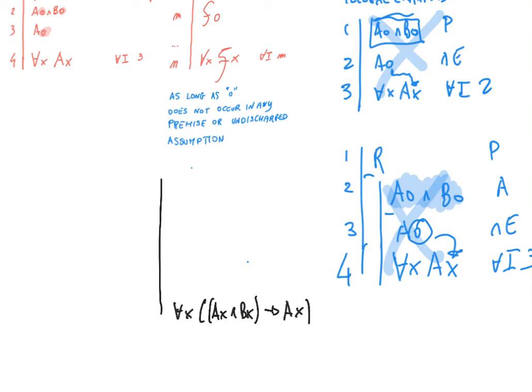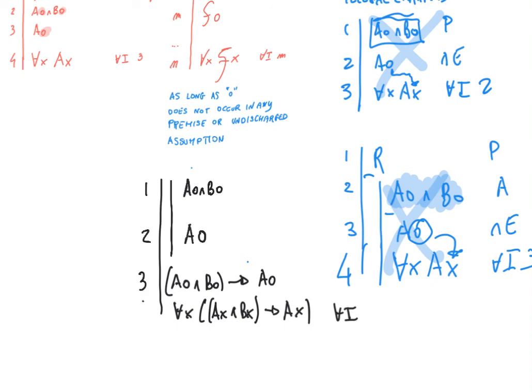How would I prove it? I'm going to prove it by universal introduction. And so for a specific object, I'm going to derive AO and BO conditional AO. Okay, how do I do that? I assume the antecedent and I derive the consequent.